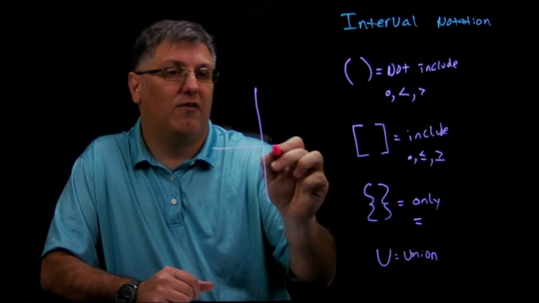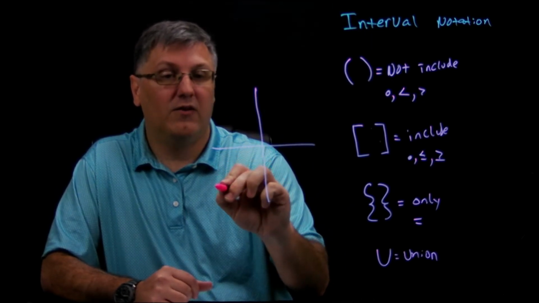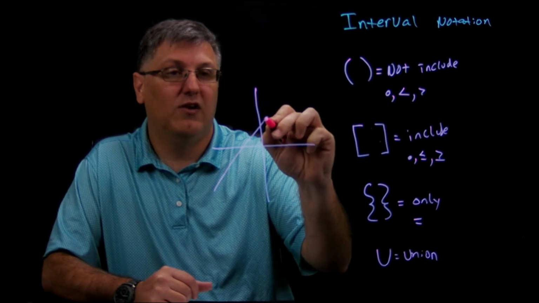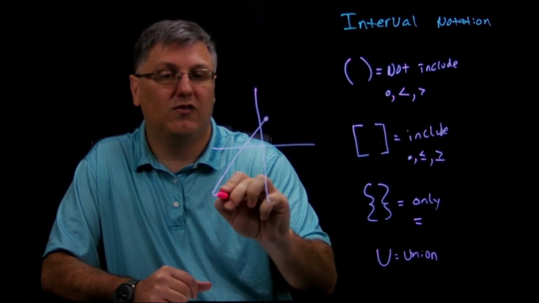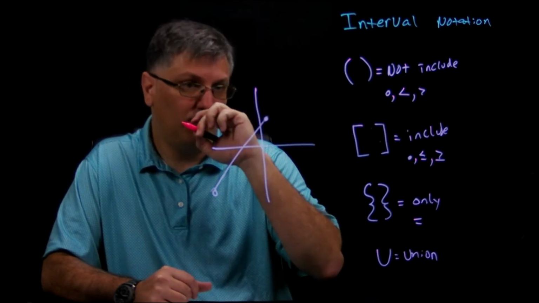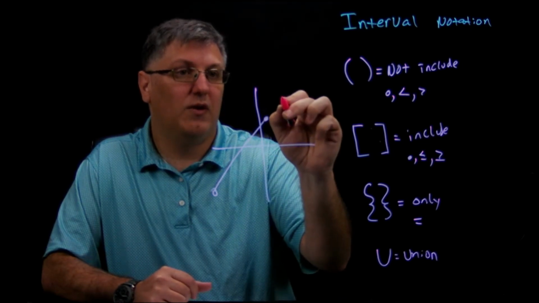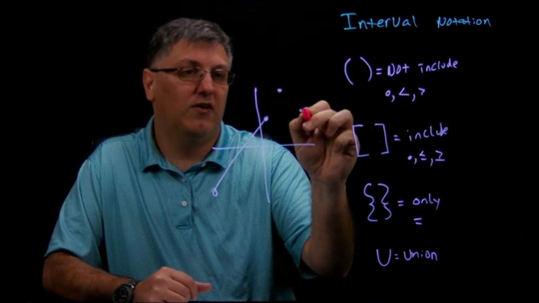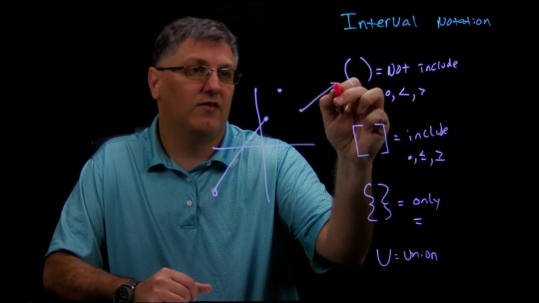If I have a graph that looks something like this, coming up to here, say that there's a hole here, and then we have another piece. We have just a solid dot here, and then we have another piece that's going out like this.